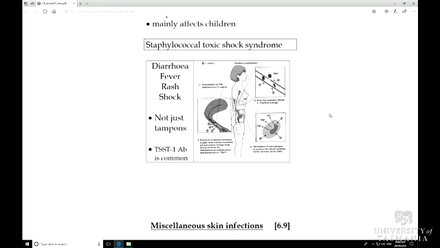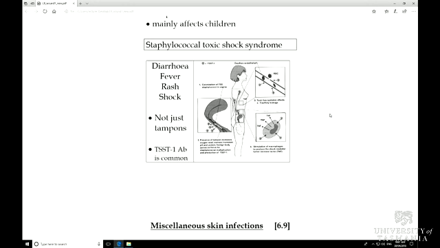If during menstruation and tampon use, you're positive for the staph in the vagina, the menstrual blood and the tampon combine to produce conditions that promote the extremely high level of production of the toxin to cause a problem.